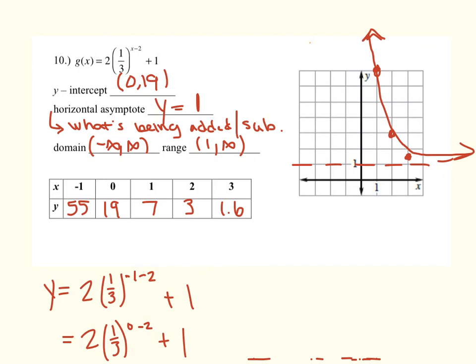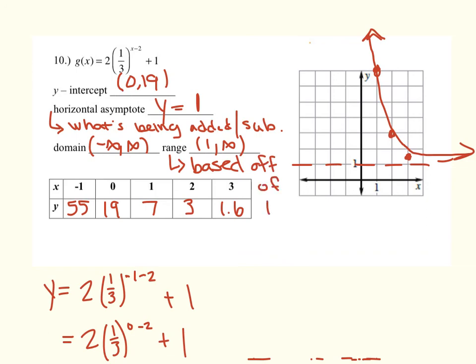So, not too much to this, guys. You just have to be careful that you're knowing that your domain for exponential growth, because it's always going to go both directions, left and right, will always be negative infinity to positive infinity. And your range is always based off the horizontal asymptote. And I'm going to write HA a lot for horizontal asymptote, guys.